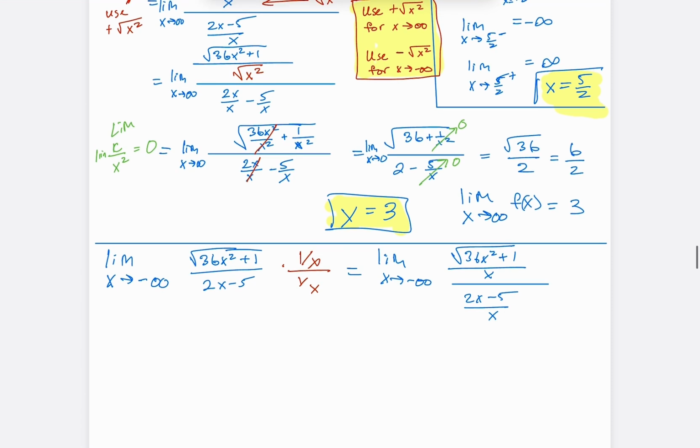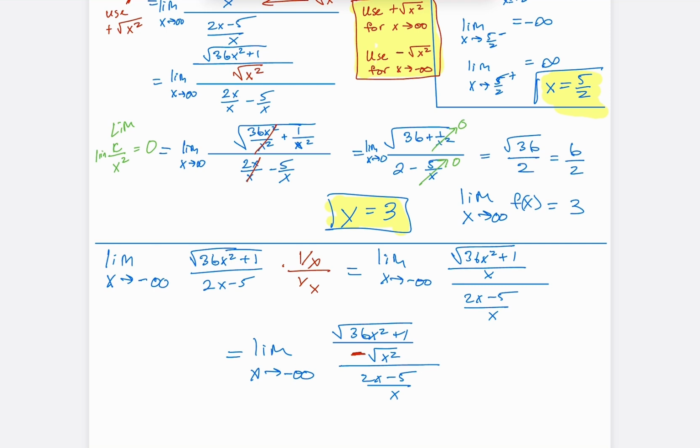So this time when I do my substitution, I'll write a negative radical x squared. So that's the only change I really make, is I'm going to have a negative there.